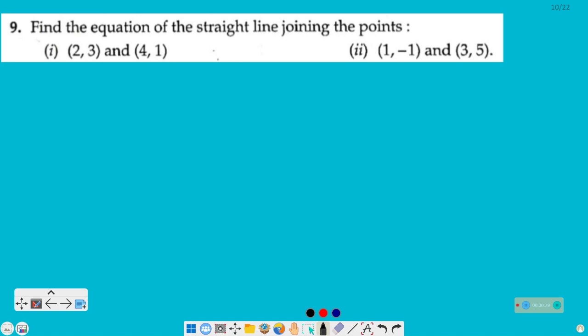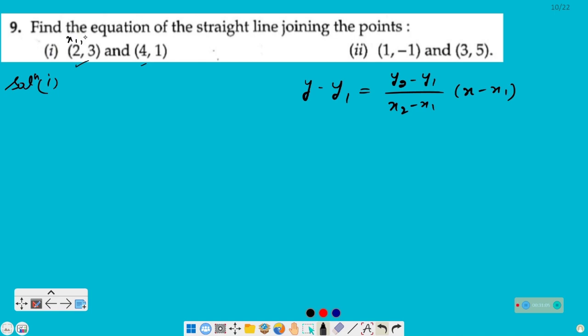Question number 9. Find the equation of a straight line joining the points this and this. Means we have to apply 2-point formula. Equation of a line passing through 2 points x1 y1 and x2 y2 will be given by y minus y1 is equal to y2 minus y1 upon x2 minus x1 into x minus x1.